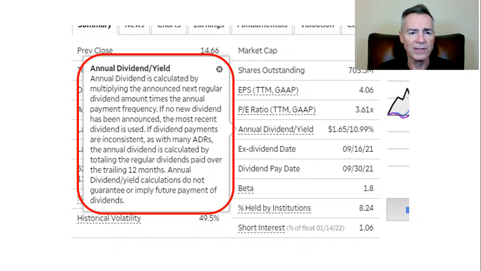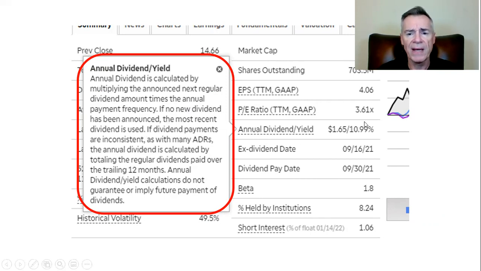Let's take a look at that in just a little bit more detail, taking some eloquent text as opposed to my second language attempt here. Annual dividend is calculated by multiplying the announced next regular dividend amount times the annual payment frequency. If no new dividend has been announced, the most recent dividend is used, which is $1.65 in my example. If dividend payments are inconsistent, as it is with many ADRs, American Depository Receipts, the annual dividend is calculated by totaling the regular dividends paid over the trailing 12 months.